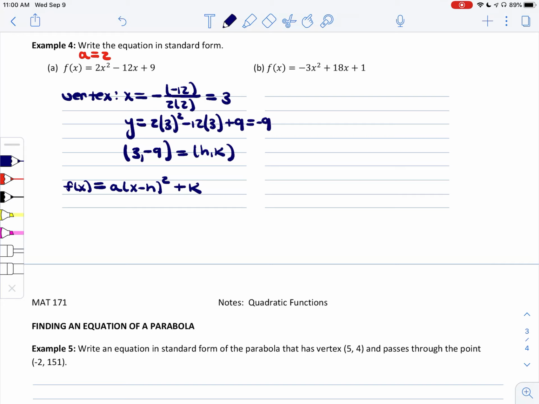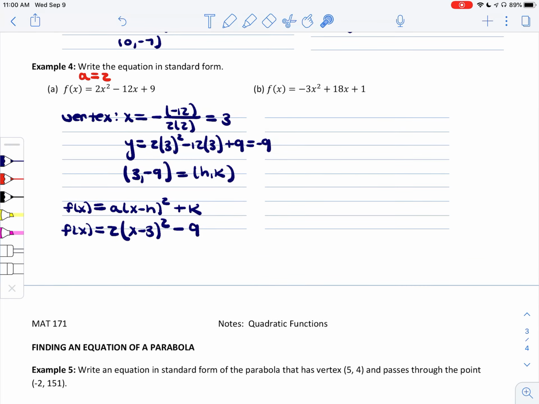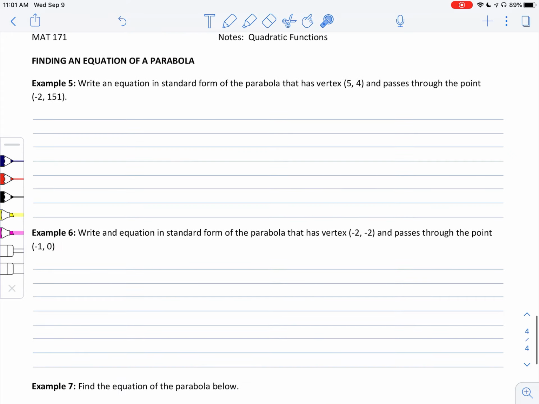So if we just plug our pieces in, our a value is 2, our h was 3, so x minus 3 quantity squared, and our k is -9, so minus 9. And that is our final answer. Okay, I'm going to leave B for you guys to try on your own. The answers are up on Blackboard.